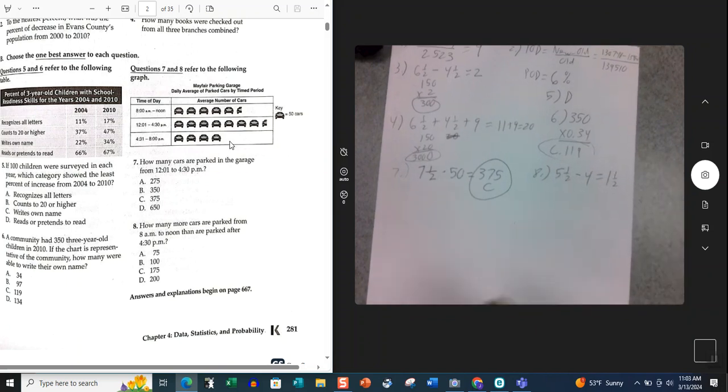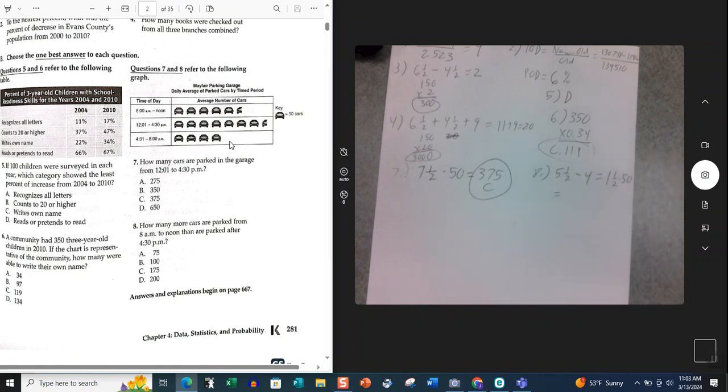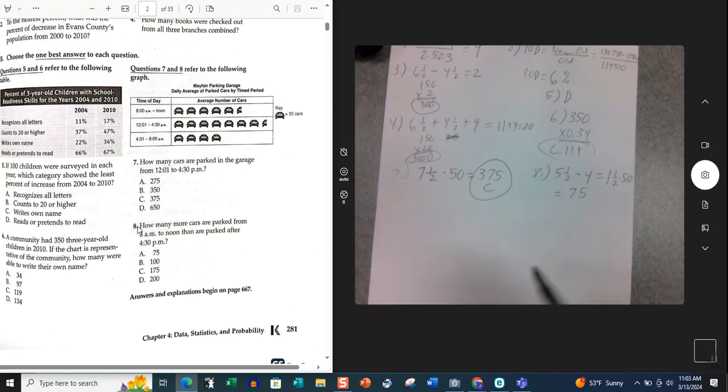Now we have to take that 1 and a half and multiply it by 50. Now we put that in our calculator. Second N over D. We have 1 and 1/2 times 50. That gives us 75. So it's 75 more. And then we go here and the answer is A.